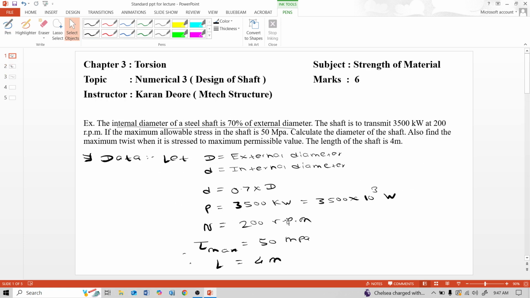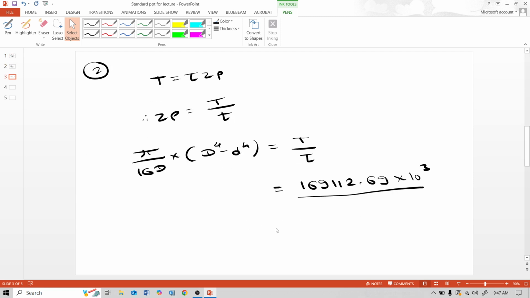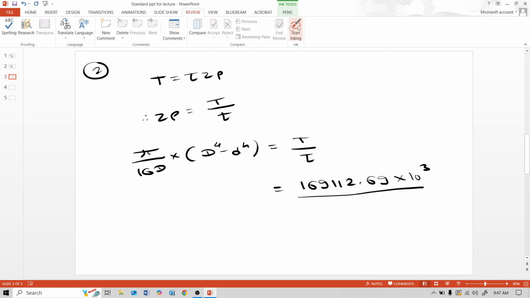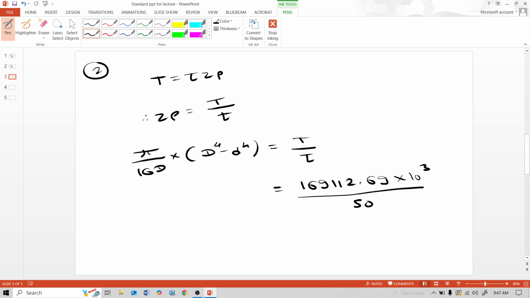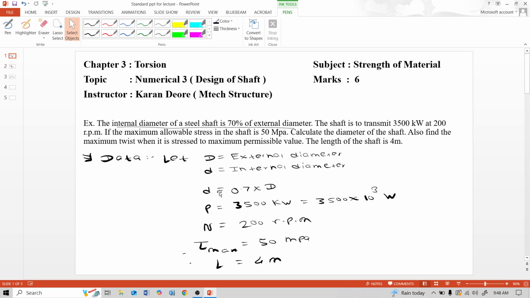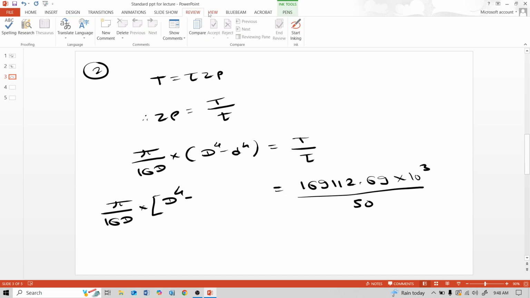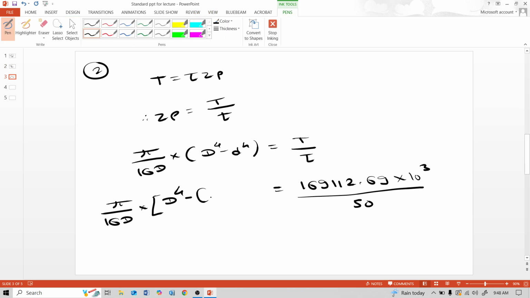And this tau is this 50 MPa. So pi by 16D multiplied by D raised to 4, minus small d raised to 4, where this small d is 0.7 into capital D, raised to 4.